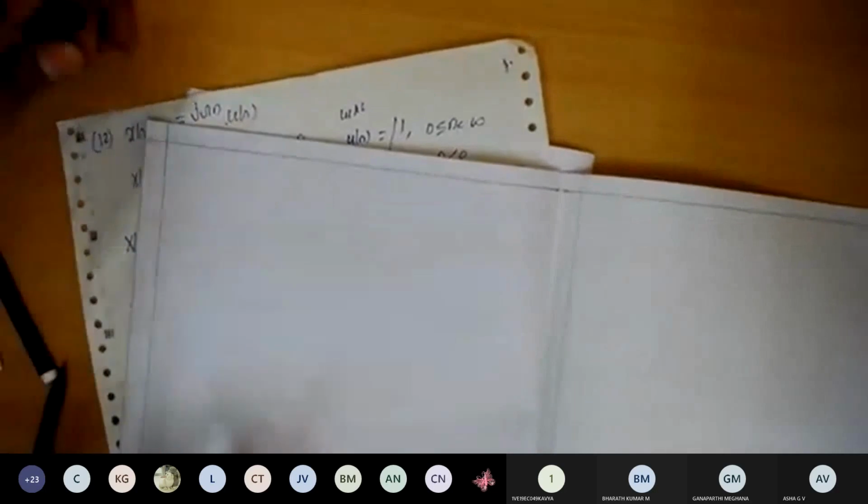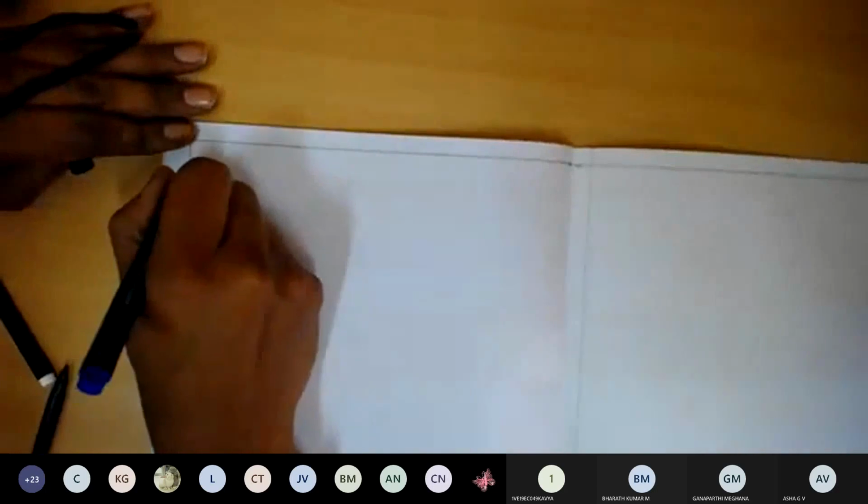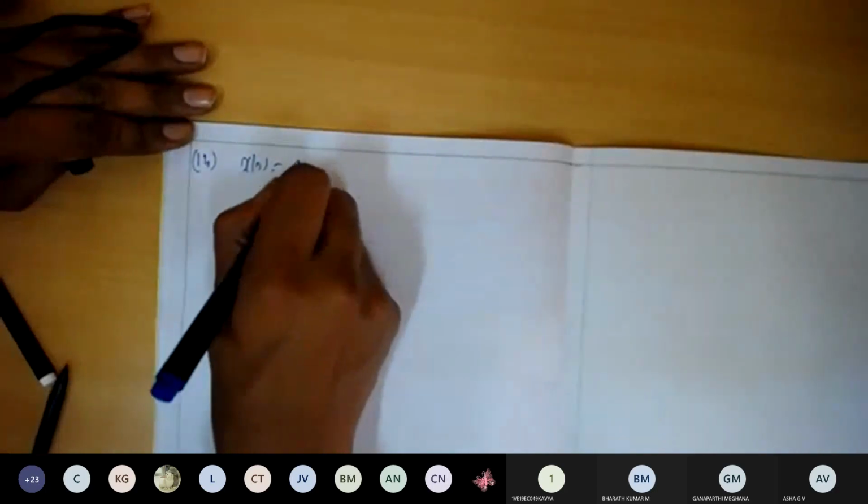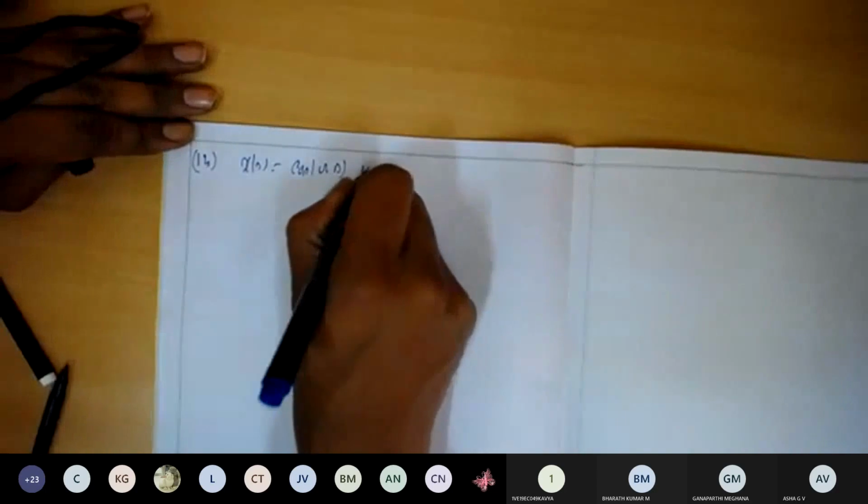So this is the problem number 14. X of n is equal to cos omega n into u of n.